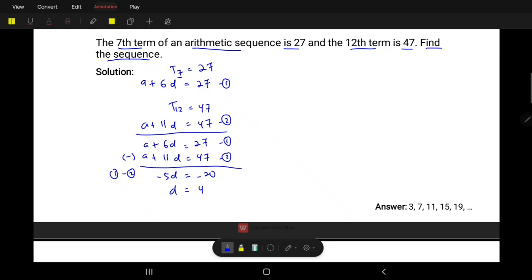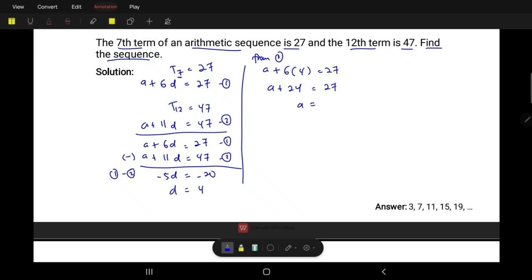So bila dah tahu D is 4, then we can find value for A, substitute into first equation. Mana-mana equation awak nak ambil pun tak apa, second equation boleh, first equation pun boleh. You will get the same answer. So from 1, A plus 6 where D is 4 equals 27. 6 times 4, you will get 24, equals 27.